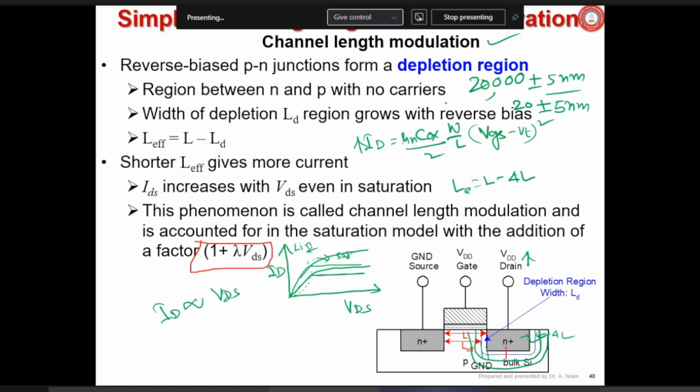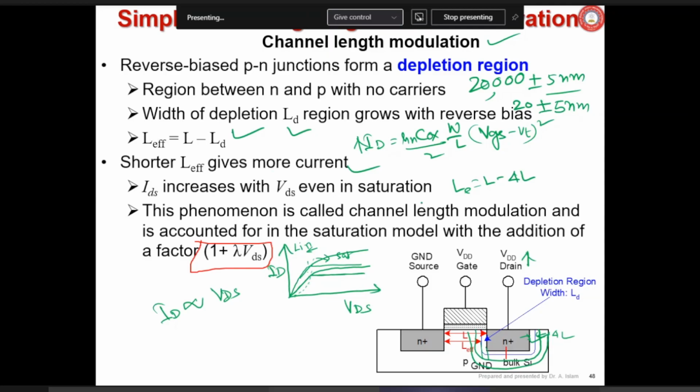So what is written here? Let us go through. The region between N and P with no carriers is the depletion layer, and its width L_D grows with reverse bias. L_effective is L minus L_D; I have written delta L. A shorter L_effective gives more current.